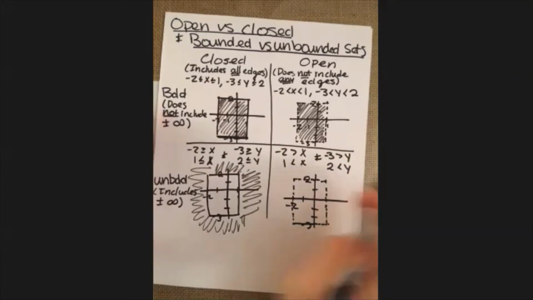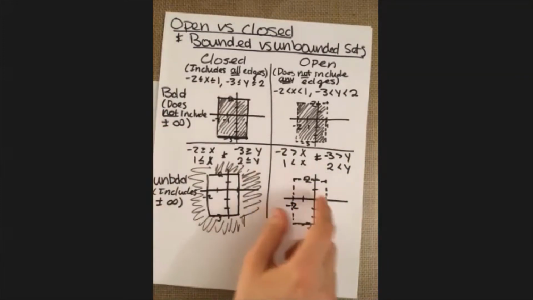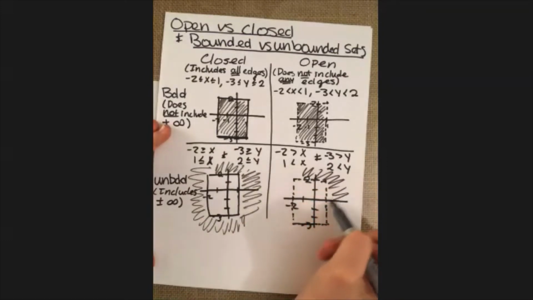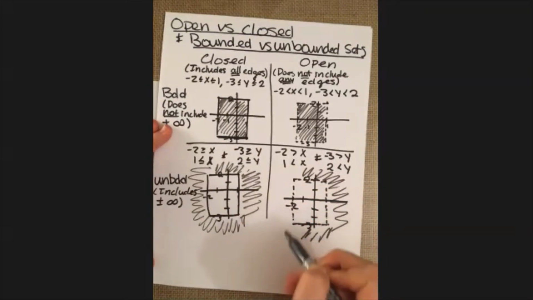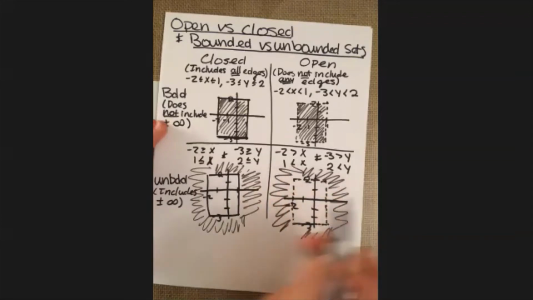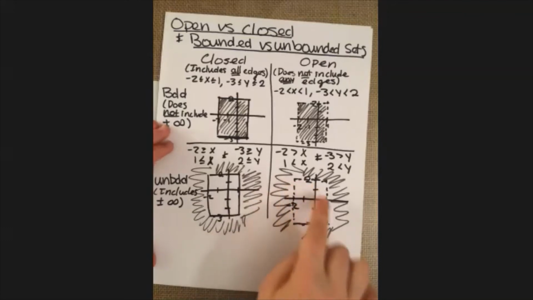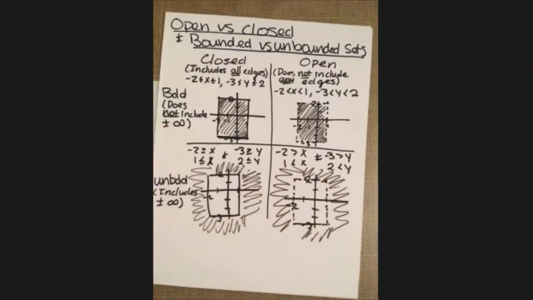Like so. Because we want everything on the outside of the rectangle, this is the part that gets shaded in. This is an unbounded set, but it is open because we are not including the edges that are inside of it.